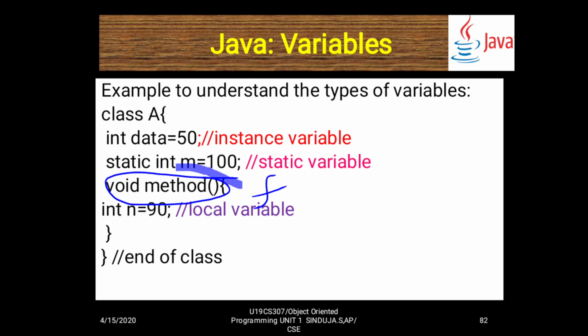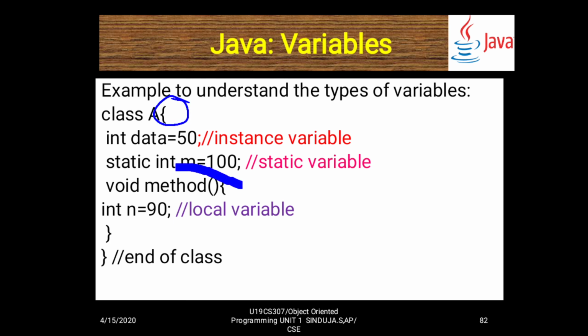Then what is an instance variable, ma'am? In the sense, two things you should keep in memory. A variable defined under a class but above the method, outside the method. You should find it out. Where is my class?